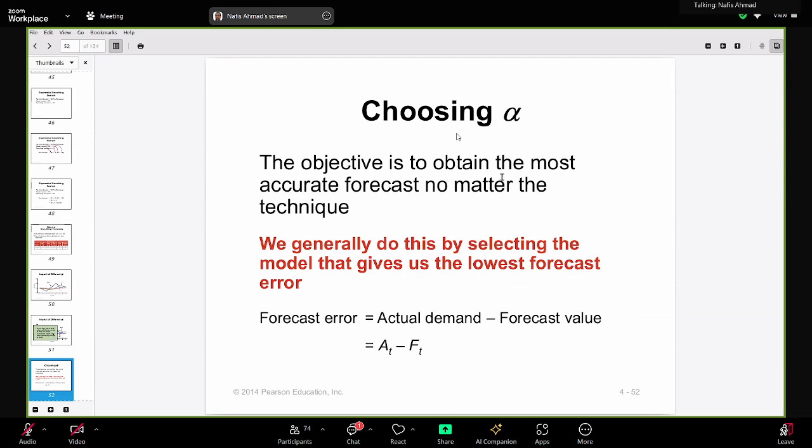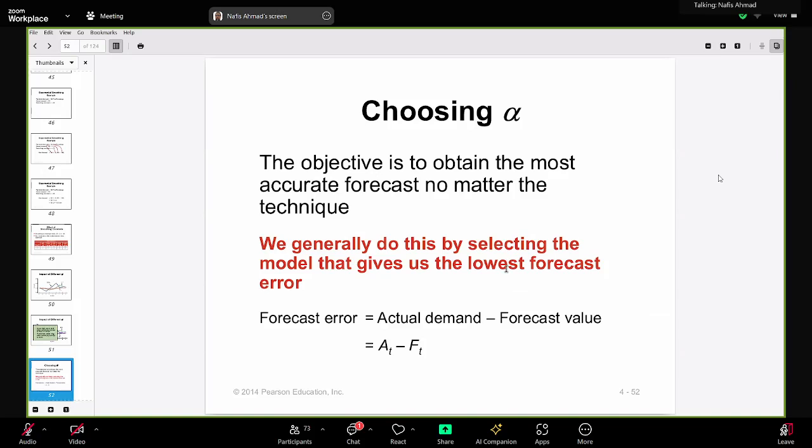So the objective is to obtain the most accurate forecast, no matter what the technique is. So we want to increase the correctness of the forecast. We generally do this by selecting the model that gives us the lowest forecasting error. So we have to check which technique gives the lowest errors.